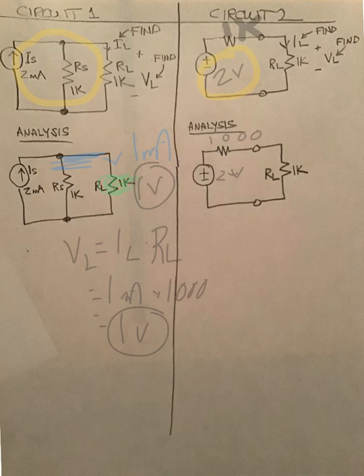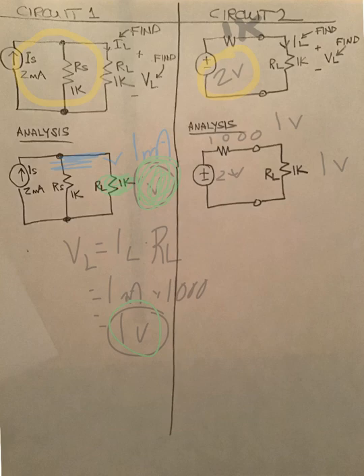How does the voltage break up between two series 1,000 ohm resistors? I hope you said 1 volt each, which coincidentally, according to the green that I'm covering here, was exactly what we calculated as the voltage on the left circuit.